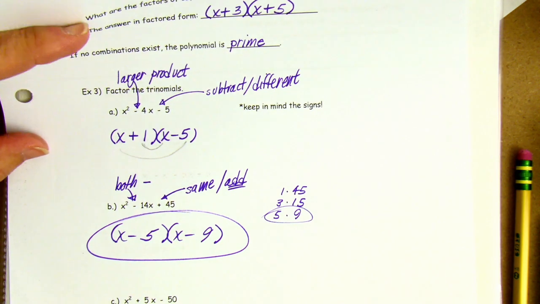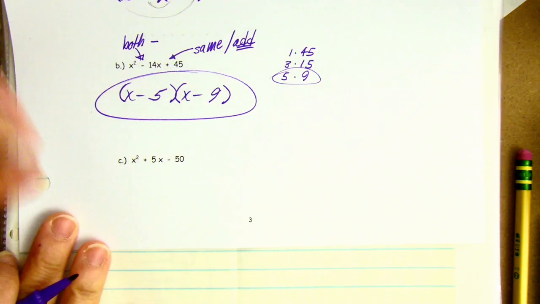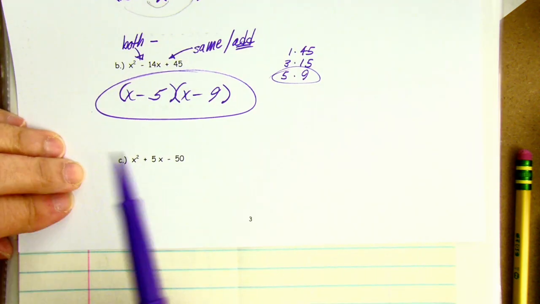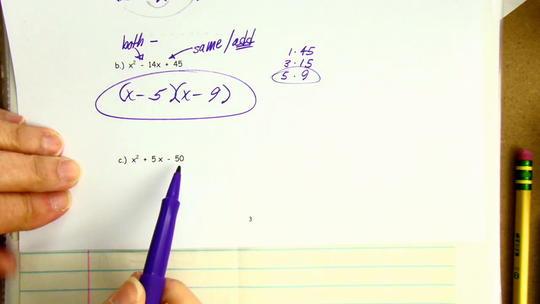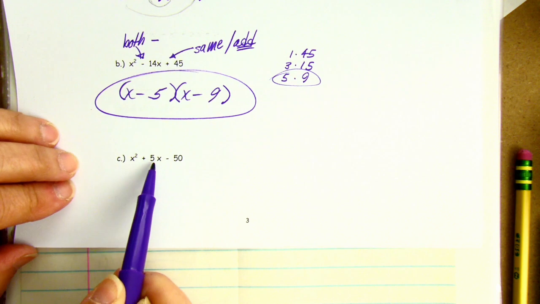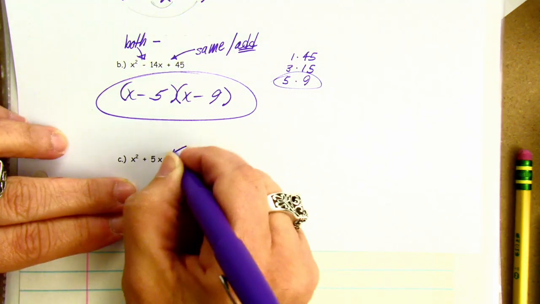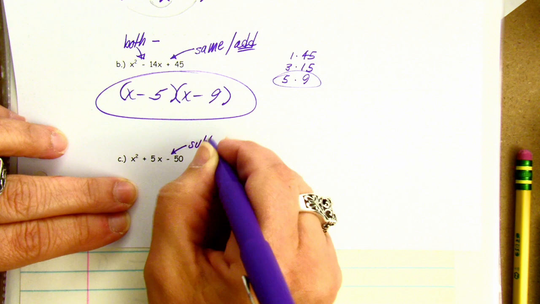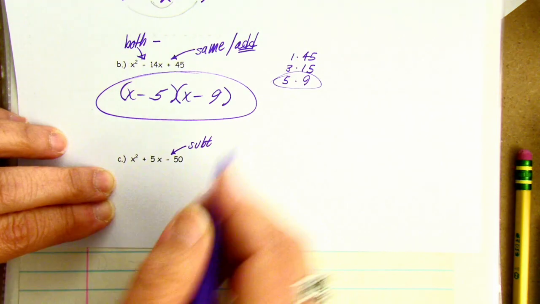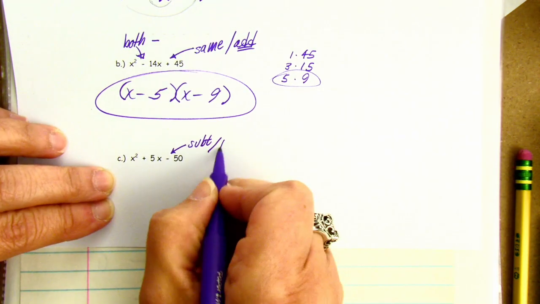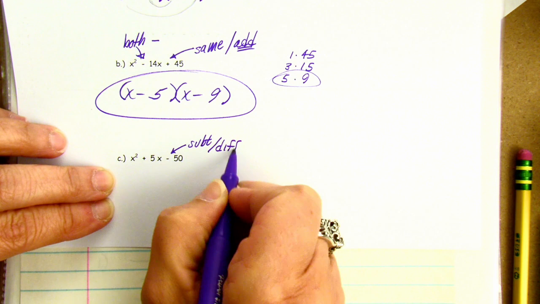Okay, one more to do. All right, I need two numbers that multiply to 50 that when I subtract them, I get a 5. That's how you should be reading these. Two numbers that multiply to 50 that when I subtract them, it gives me a 5. Not only am I subtracting, but the signs in the binomials are different.